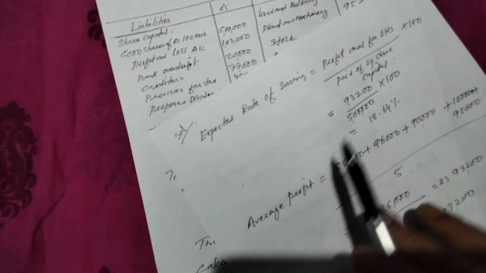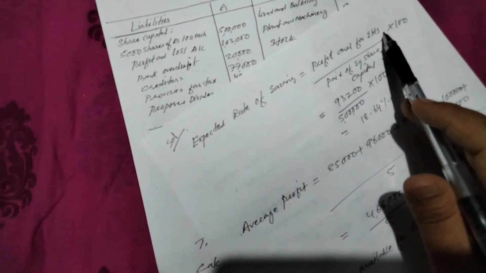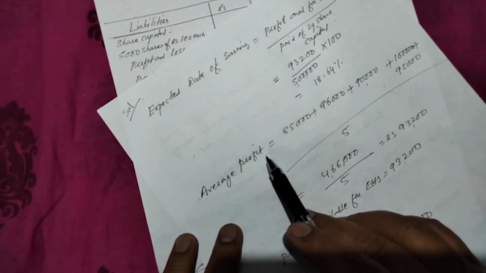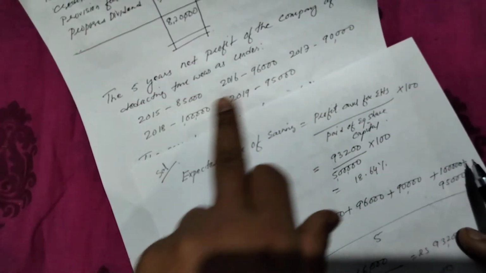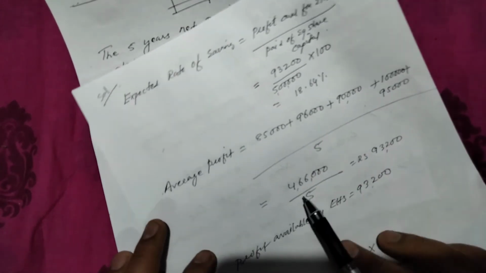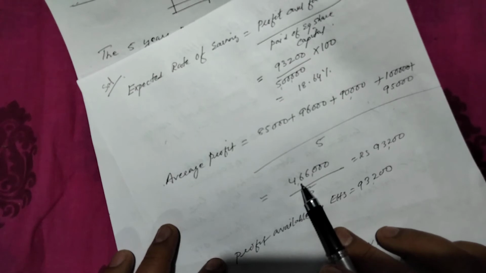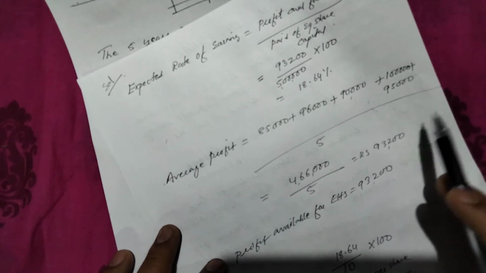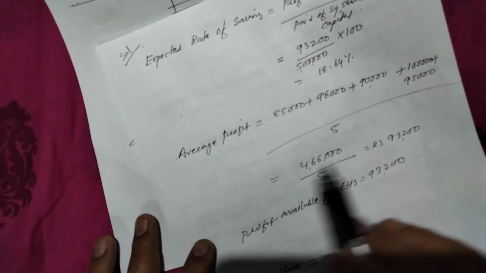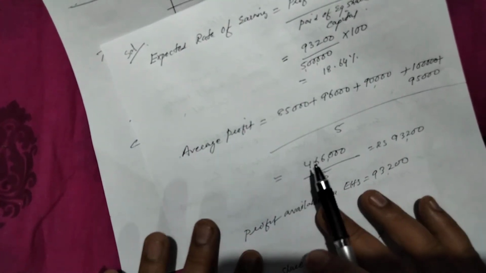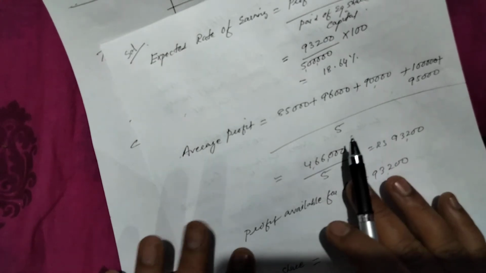Let us see how to find the profit available to equity shareholders. First you have to find the average profit from the given profits. Five years' profits are given, so you add all the 5 years and divide by the number of years. The total 5 years' profit is 4,66,000 divided by 5, that is 93,200. This is the average profit. From this average profit, if any general reserve transfer is given, you have to deduct it.